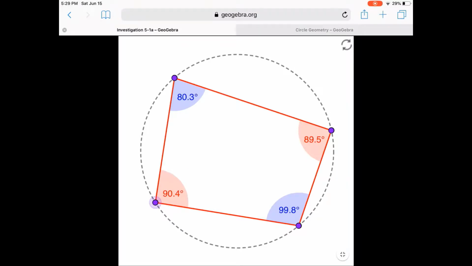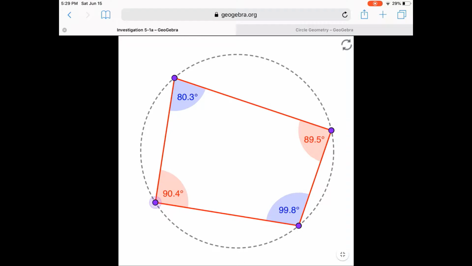In this diagram, we have a cyclic quadrilateral because all the points are touching the circumference of the circle, and we can see that the blue angles add up to about 180 and the red angles also add up to about 180.